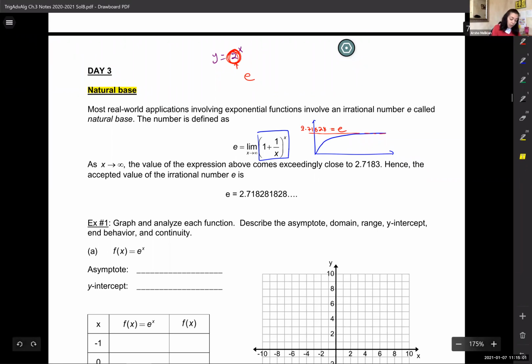Well, it's called E and not another letter because the mathematician who discovered this was this guy, whose name starts with an E. It's pronounced Euler, not Yooler. Very common mistake. Everybody mispronounces this and calls the poor guy Yooler. It's Euler, Leonhard Euler. And his name starts with an E, so it's named after him.